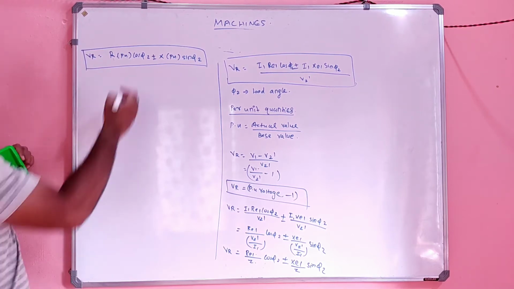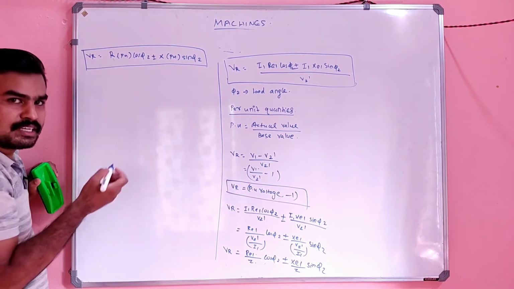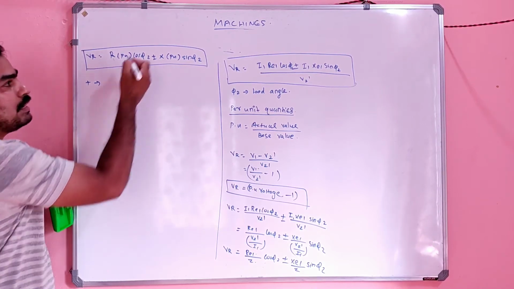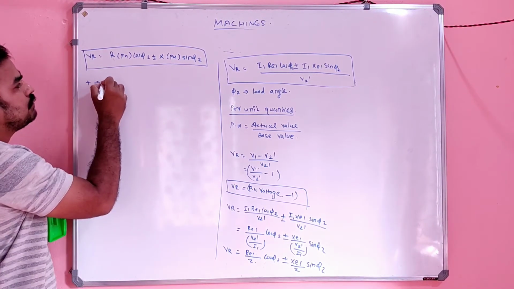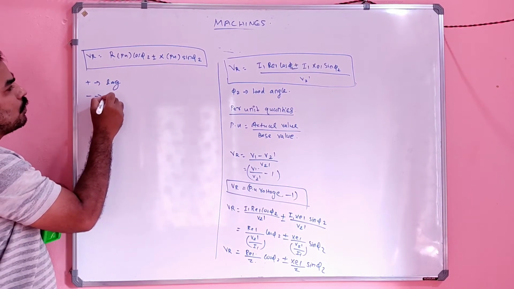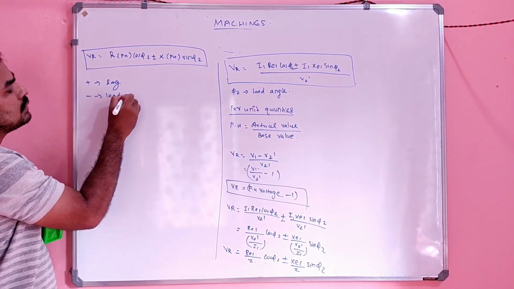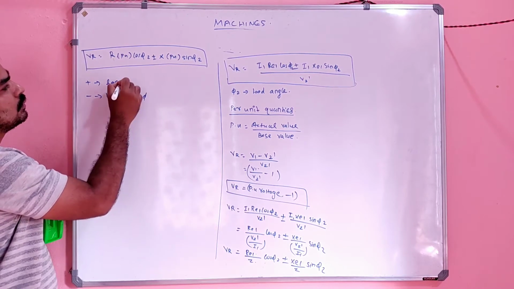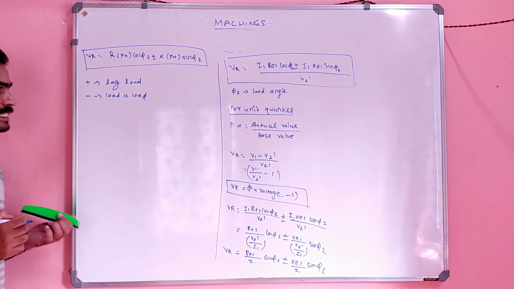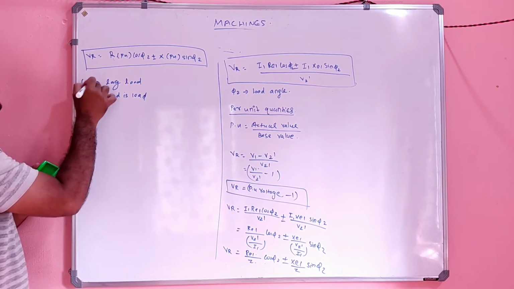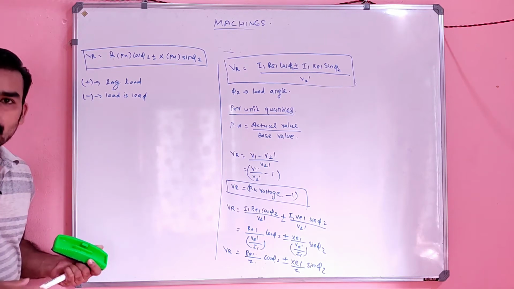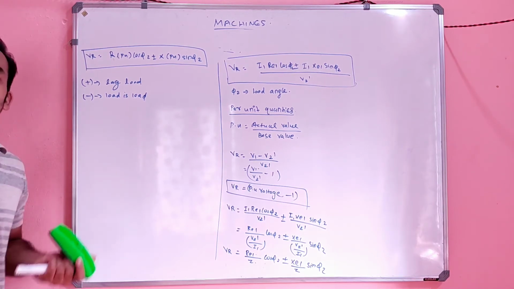And I represent plus or minus, right? Plus stands for when the load is lag, and minus for when the load is lead. And what is meant by lag load?